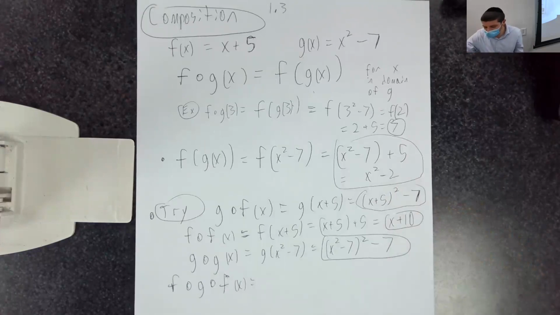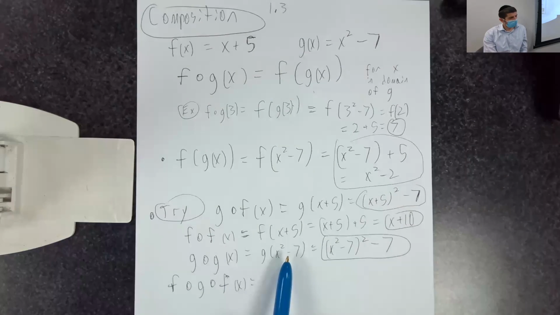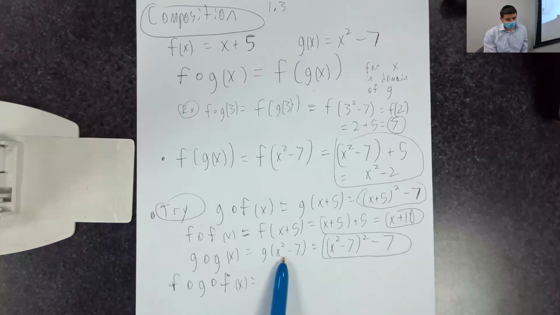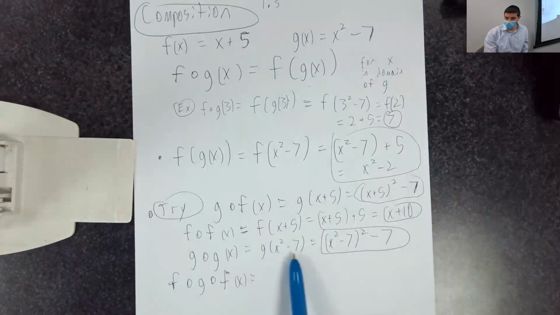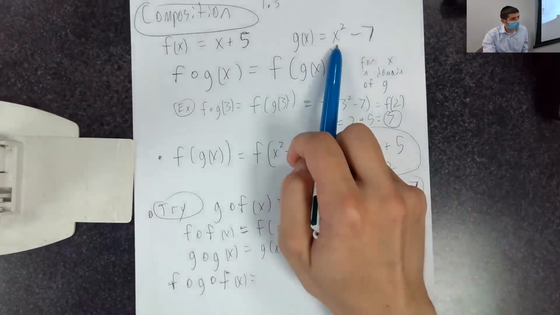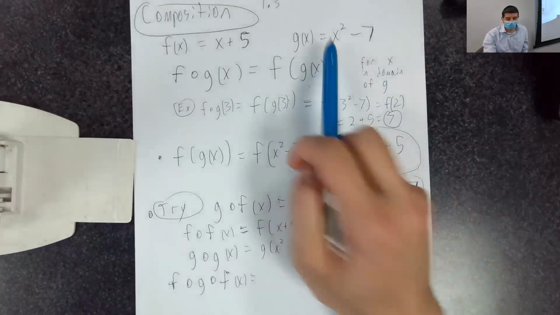Like Sneha is saying. Right, you take g, whatever that is, which is x squared minus 7. And then you plug that in for x. You plug that inside g. So g was x squared minus 7. So this x squared minus 7 went in for x. That became the whole input.